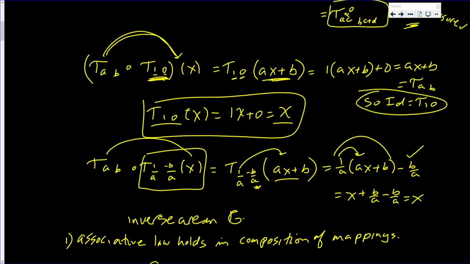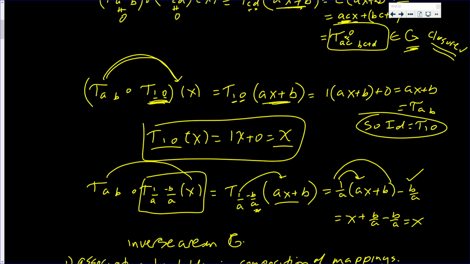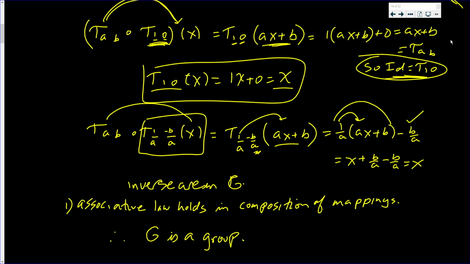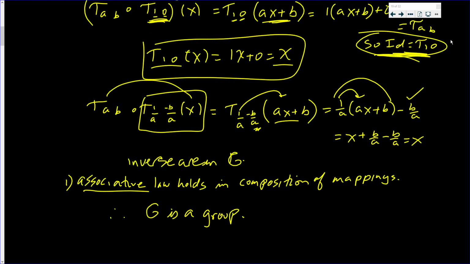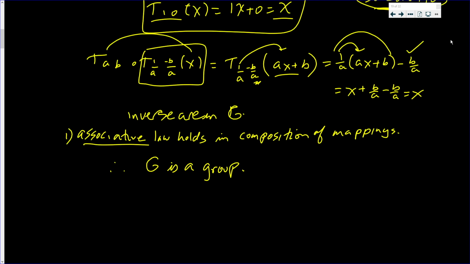So we found we have associativity, we have closure. Let's do it in order. We have closure, we have the associative law, we have the identity element, and we have inverses. We're a group. I can only use the rule I was about to use if we're talking about subgroups.